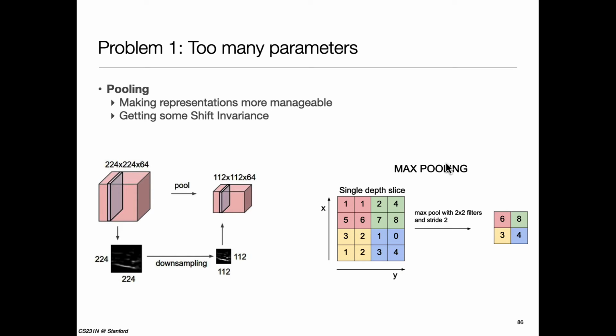So max pool basically forms these super pixels by taking the max. Similarly, you can do a median or an average, but max is very common, and there is again some biological justification behind it that neuroscience people talk about.